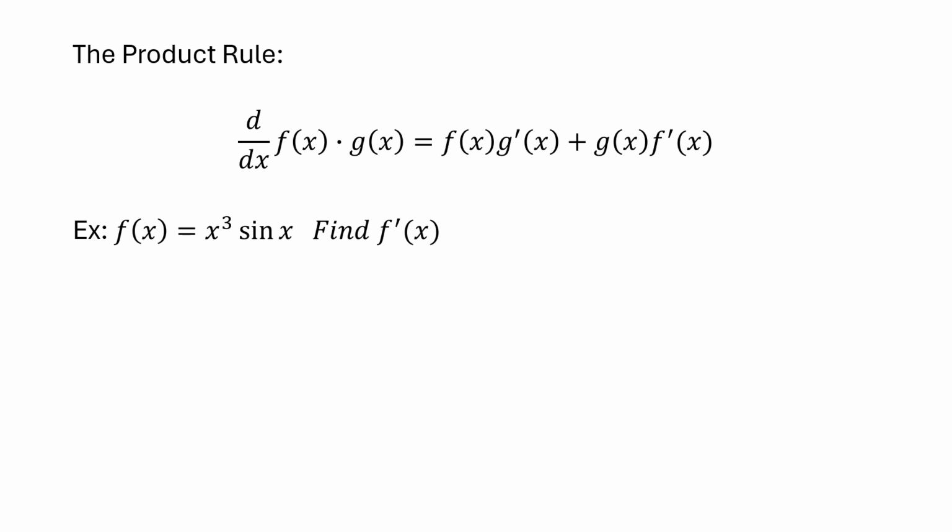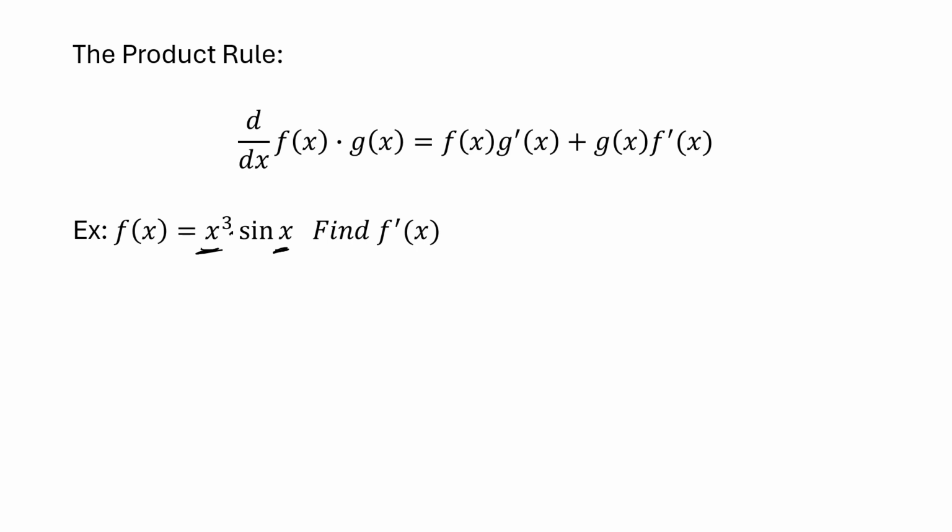All right, so let's try to find, here's my function, f of x. It's x cubed times sine x. I want to find the derivative of that. So first thing you should notice is that it's some function in terms of x, x cubed, times another function in terms of x, sine x. So to do this, we're going to have to use the product rule.